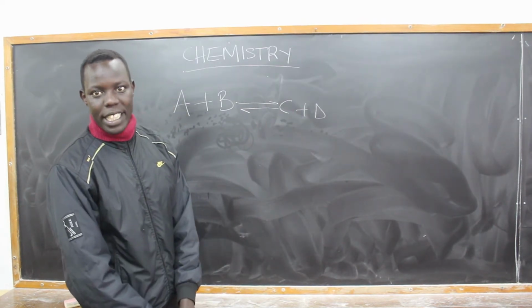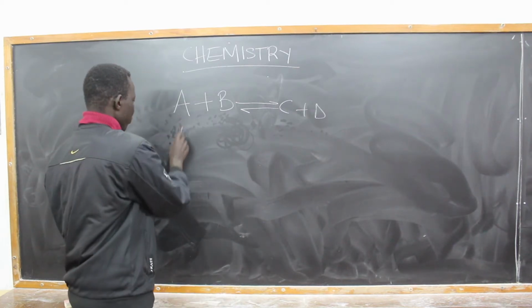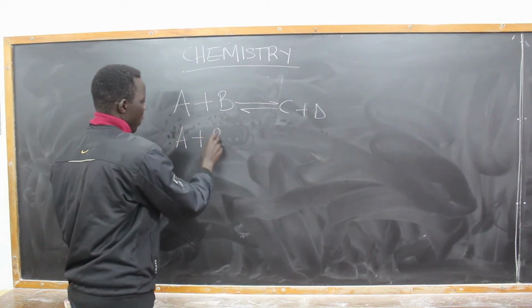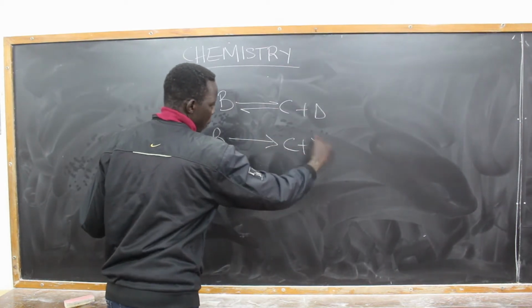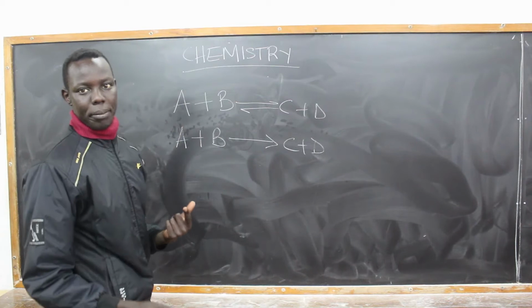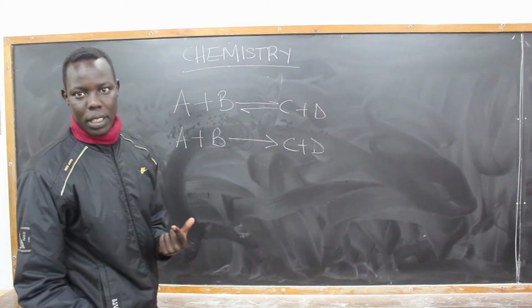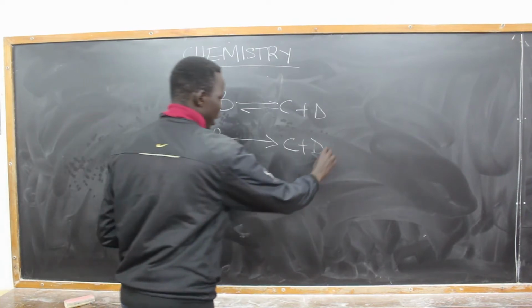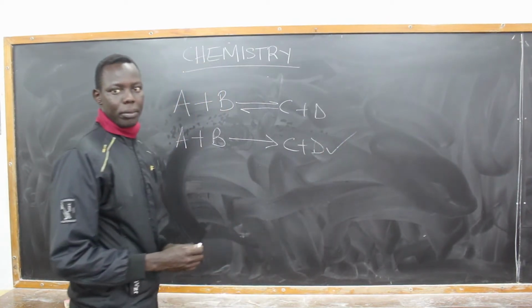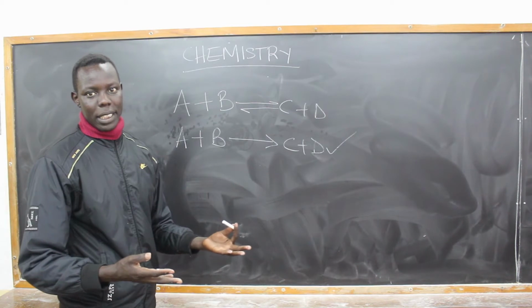If it is irreversible, I will say A plus B to give C plus D. That is the equation of the irreversible process. You can't reverse the process back. But in most cases, we are going to learn about this. And that's it.